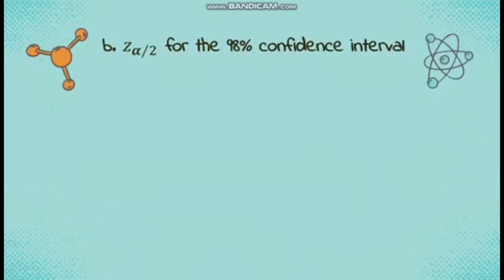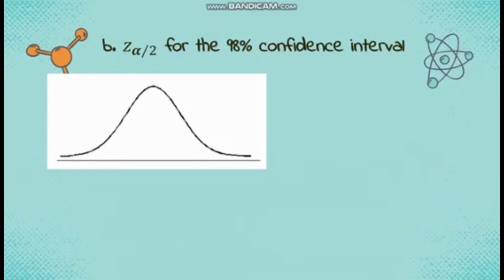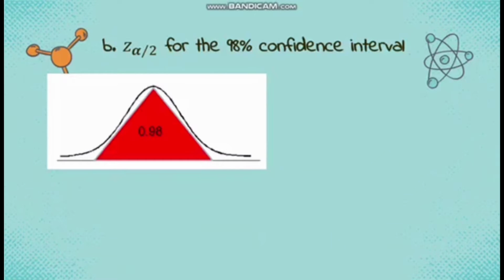B. Z sub alpha over 2 for the 98% confidence interval. Using the normal distribution curve between positive Z and negative Z, the area of this region based on the confidence level is 0.98.